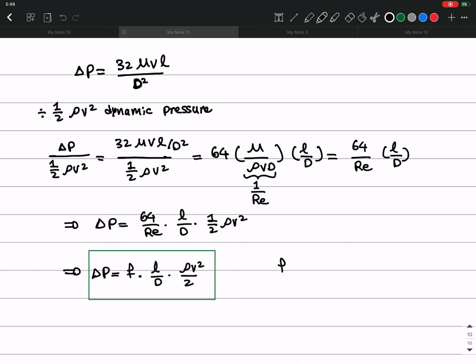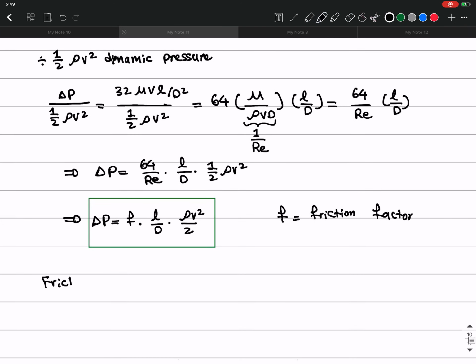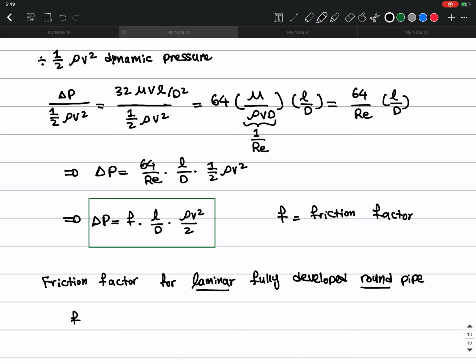So f is the friction factor. And we found that the friction factor for laminar, fully developed round pipe flow is 64 over Reynolds number.